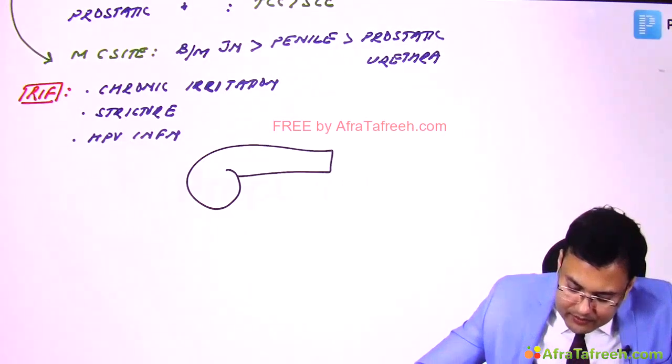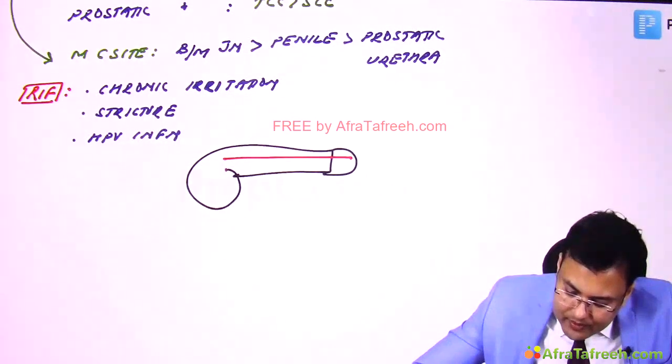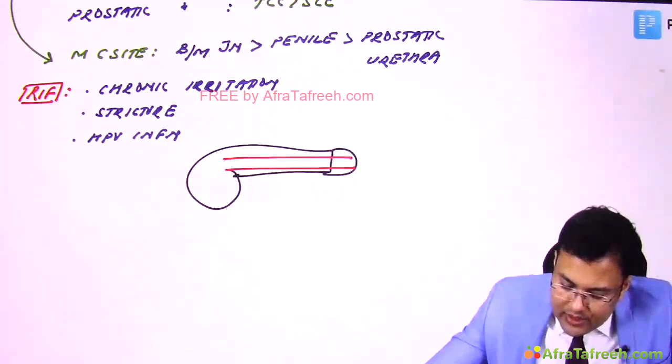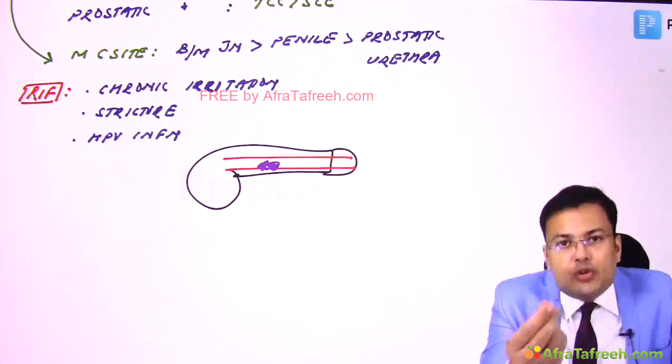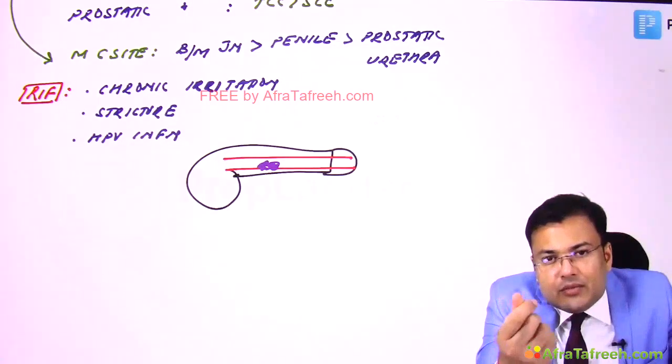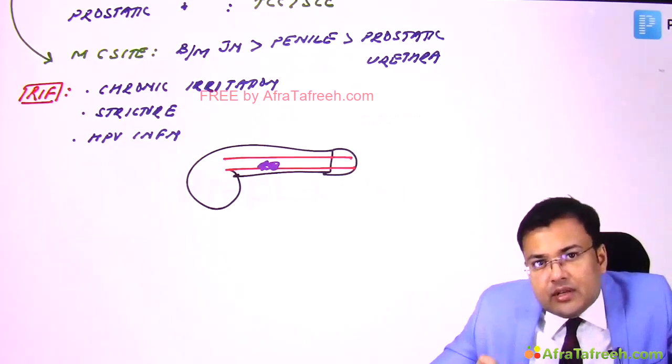Okay, see the problem in this patient. This is the patient, this is the glans penis, and see, this is the urethra. Okay, now what's the problem? In urethra there is malignancy. So see, there is a growth or malignancy, and whenever you palpate the penis, what happens? You are going to feel that growth. So there is a palpable mass. Second, this mass is obstructing the urine flow.